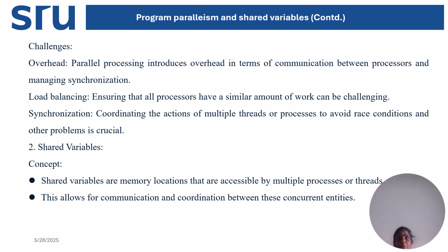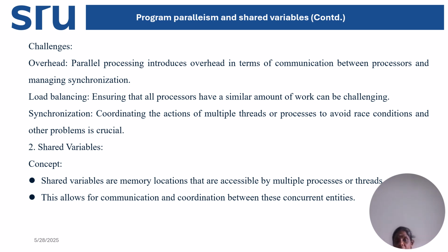Synchronization means that when all the processors are used, they should operate in coordination with one another, meaning they have to be uniform. Uniform means they have to be loaded with the same amount of data and the same execution time. If they vary from processor to processor, then it will be challenging. It cannot cope up with the speed and the correct solution.